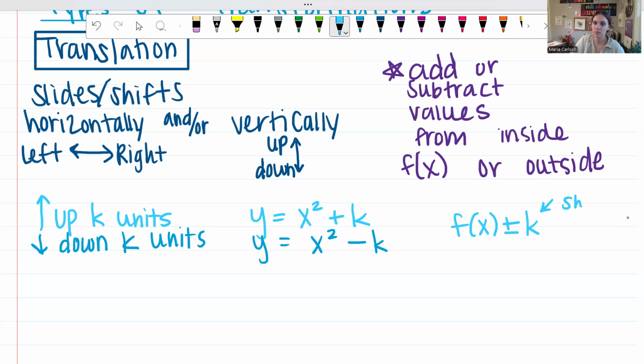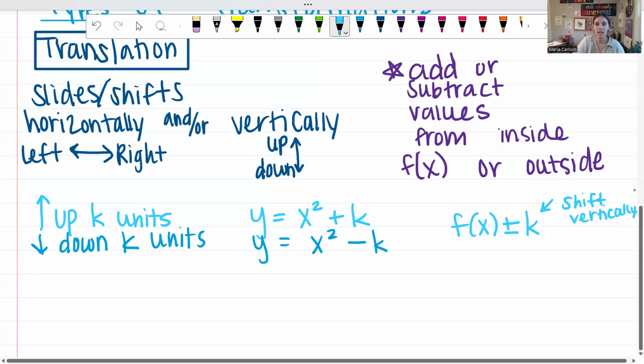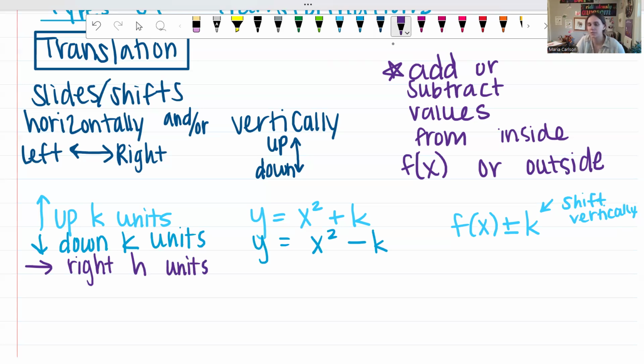So shift vertically, meaning up or down. Now let's say we're going to shift horizontally. So maybe I am going to go to the right h units. I'm going to use a different letter because I could also be going up or down some k units here.